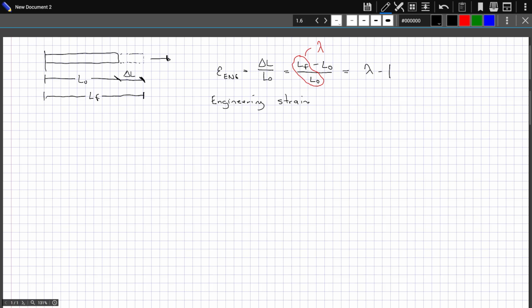There's other names for this. Sometimes we call this the Lagrangian strain. You'll see that name again later, because later, either today or at the beginning of next class, we're going to talk about reference frames. The Lagrangian frame is always the original, sometimes called the undeformed frame, but the word undeformed is relative, right?